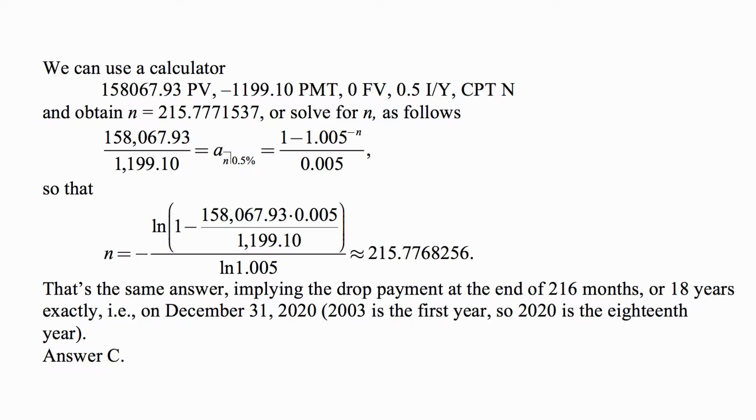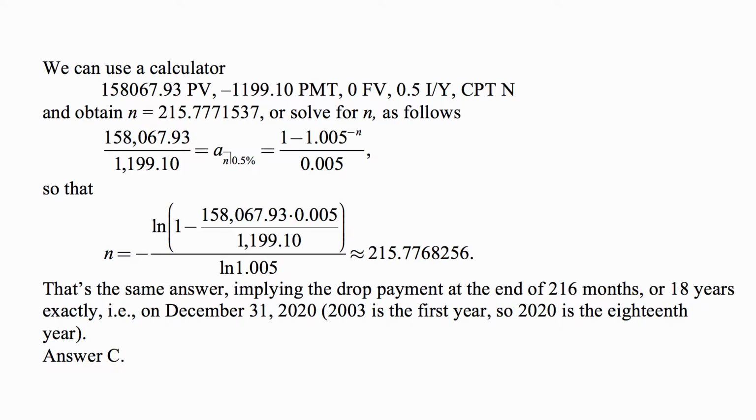If you enter 158,067.93 as the present value, negative 1199.10 as the payment, and you may wonder why negative, because the calculator assumes that you are paying off a loan.